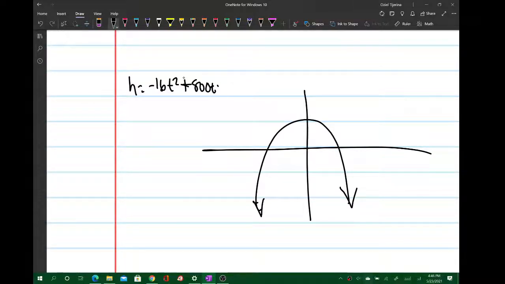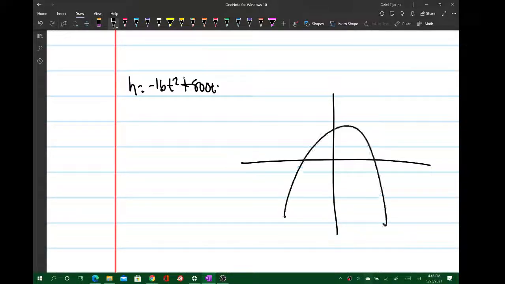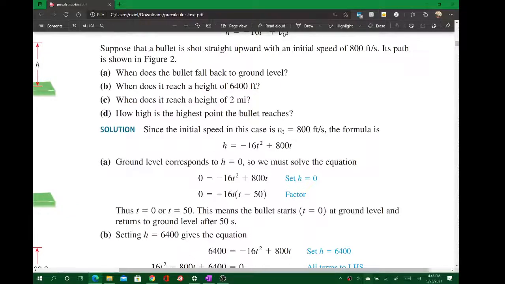Now let's say you can't use a calculator for this. You would have to remember that this function represents an upside down parabola. You can do a little sketch like this. When the question is asking, you have to really pay attention and read very carefully. It's saying, how high is the highest point that the bullet reaches?